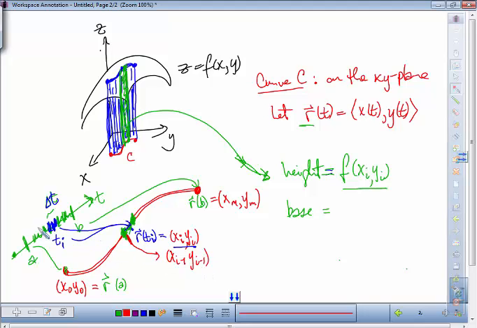You could make a vector out of that, or you could just find the difference, right? So let's find the difference. To find our base, I need to blow this up now. Now, this is a curve, right? It's not a line exactly.